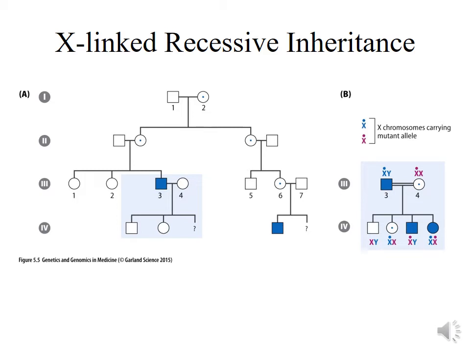The apparent male-to-male transmission is an illusion. The affected son has actually inherited a mutant allele from his mother, not from his father. The affected daughter is homozygous, and although 1 mutant allele will be silenced in each of her cells, she does not have a normal allele.